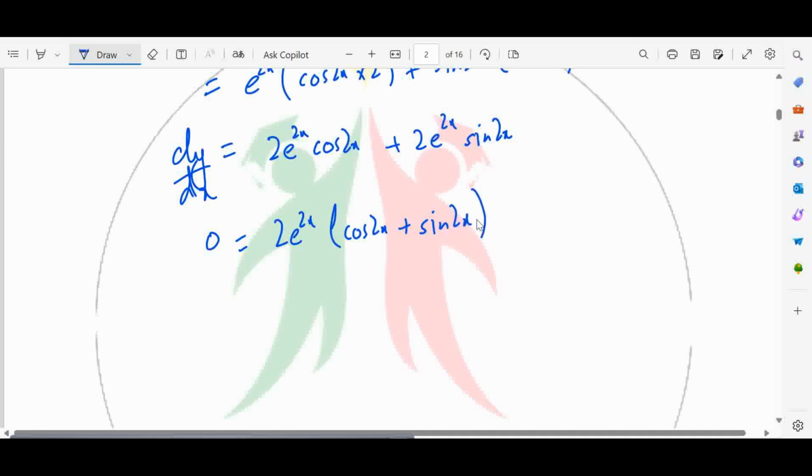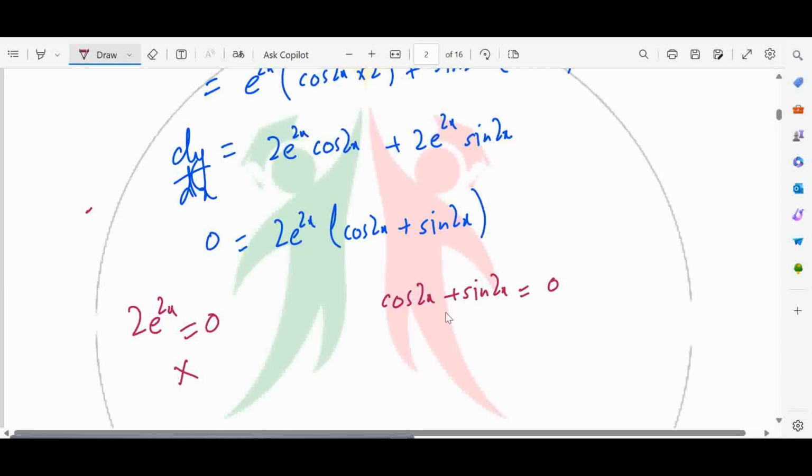Now we know that 2e power 2x cannot be equal to 0, that is why we will not go further. The other one is cos of 2x plus sine of 2x is equal to 0.